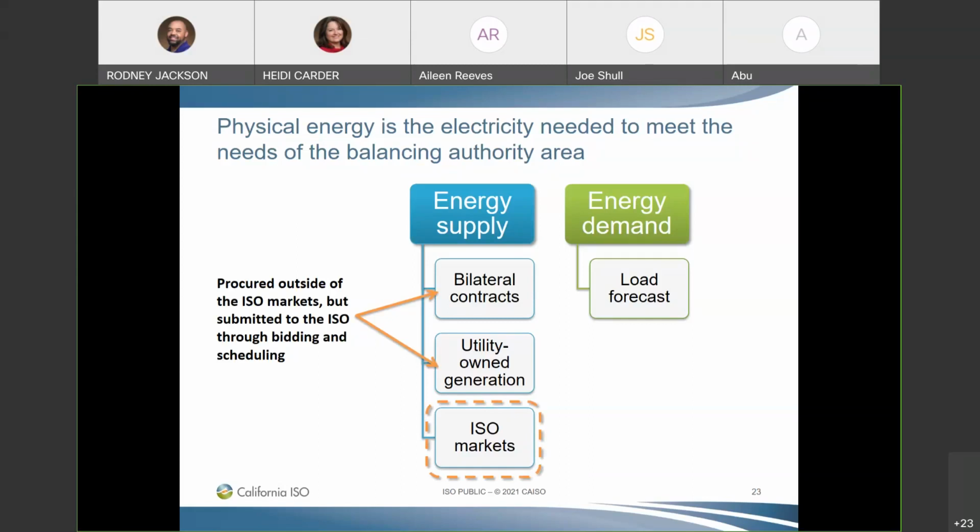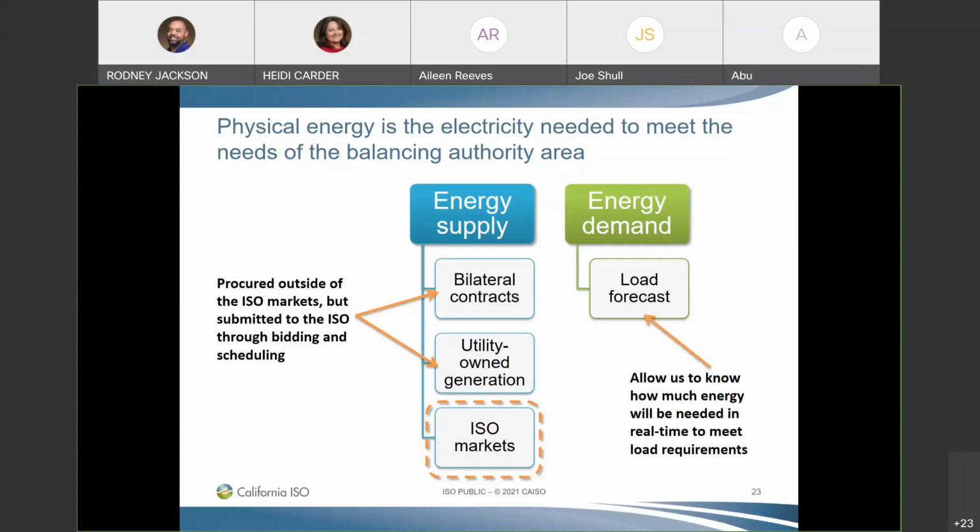The ISO must project how much energy will be needed and how much will be available for the next day, the day after that, next week, next month, next year, and we do that through robust forecasting practices. Now, the more accurate the data we have, the more accurate the demand forecast. Therefore, the ISO is consistently working on improving load, wind, and solar forecasts in the day-ahead market, the hour ahead, and real-time timeframes to keep the lights on and ensure that the costs are lower for you, the consumer.